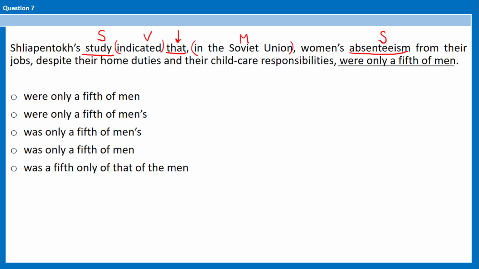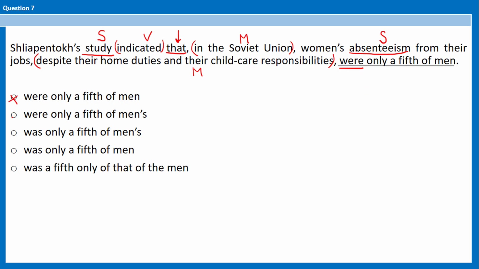So women's absenteeism from their jobs, get rid of the modifier between commas again. Okay, get rid of that. Despite their home duties and their childcare responsibilities is out. So women's absenteeism where? Be careful, because absenteeism is singular and where is plural.